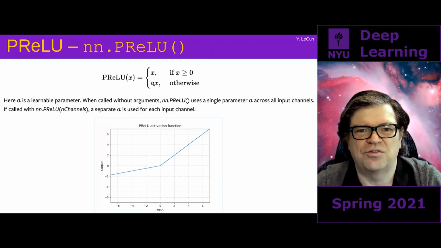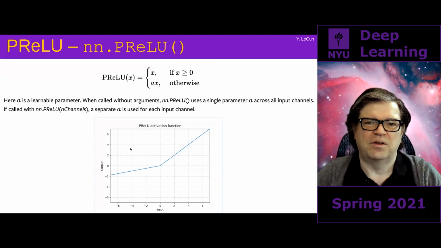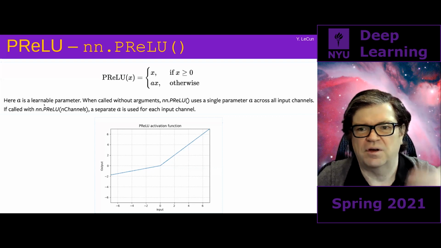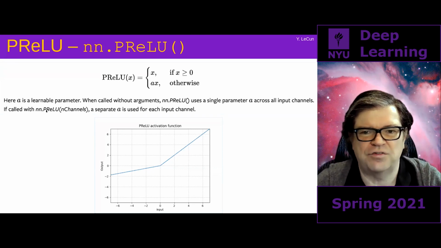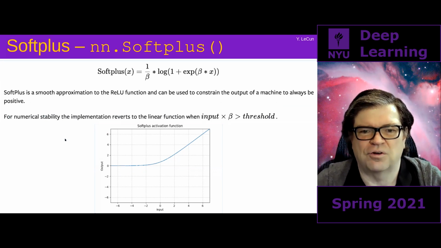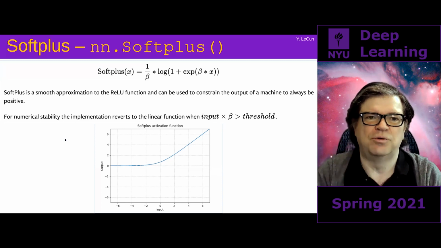The PReLU has a coefficient a here that determines the slope in the negative part. These are still contrast equivariant functions. So here's one that isn't contrast equivariant, or isn't equivariant to scale, to amplitude, if you want.